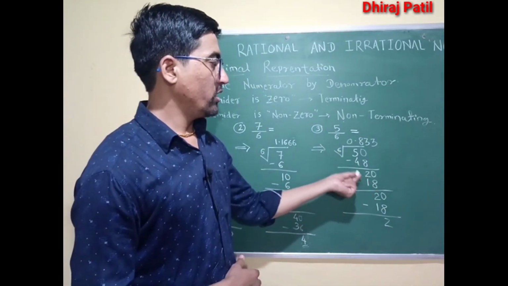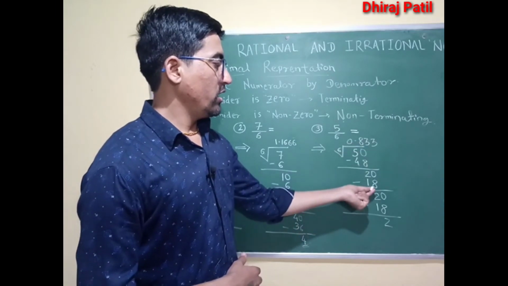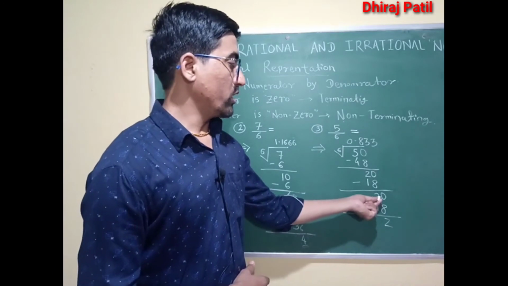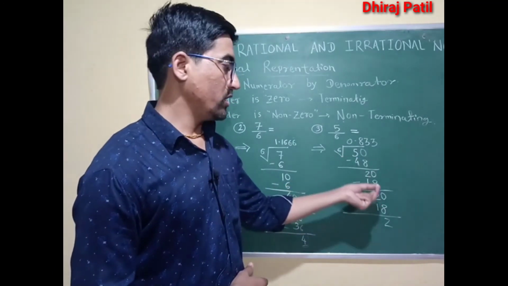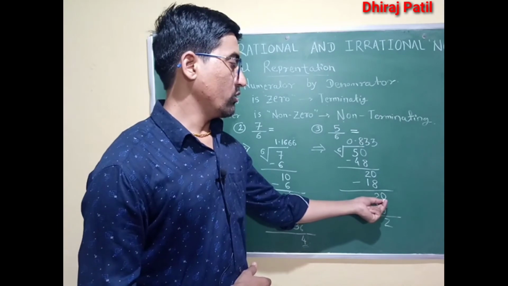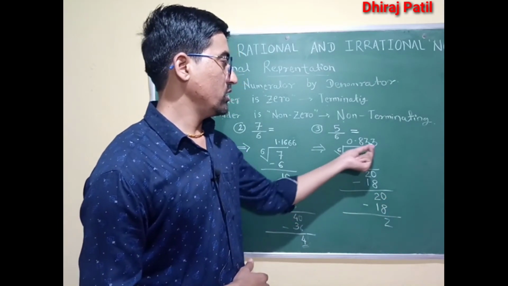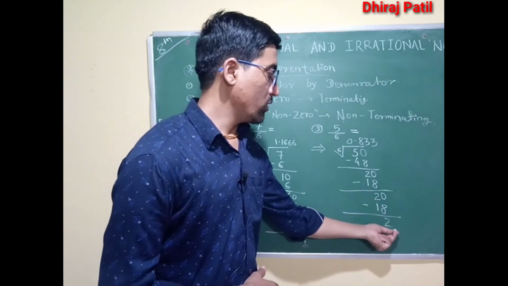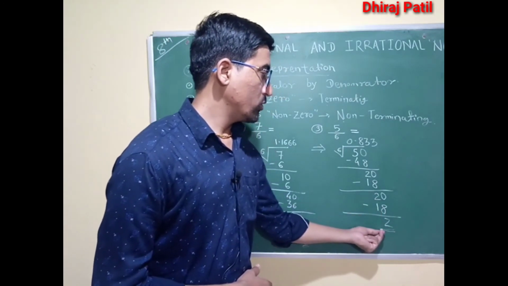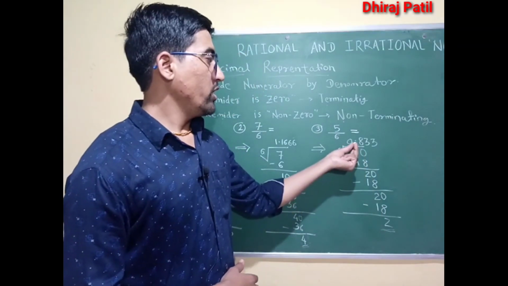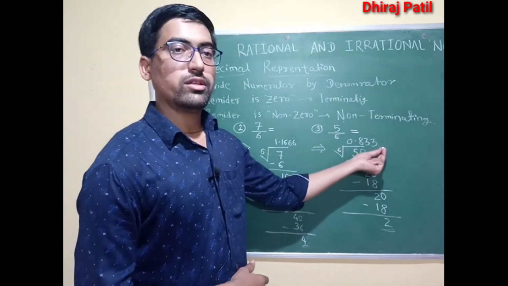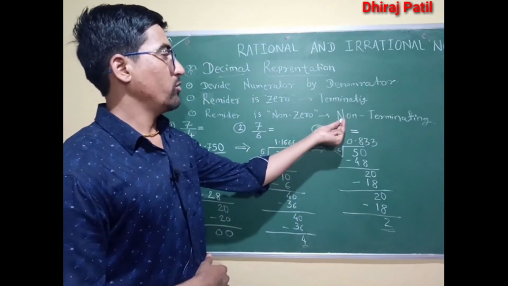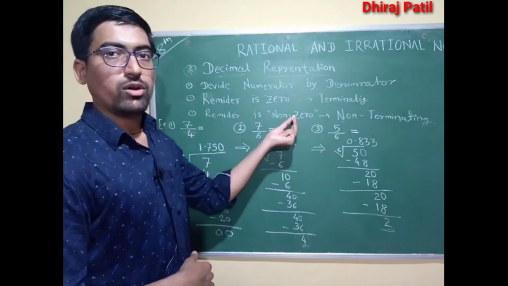We get 20. 6 threes are 18. 20 minus 18, the remainder is 2. Again 2 is not divisible by 6, so we take 0 and it becomes 20. Again 6 threes are 18, and 20 minus 18 is 2. So we conclude that our remainder is 2 and our answer is 0.8333, which is a non-terminating form because our remainder is non-zero.